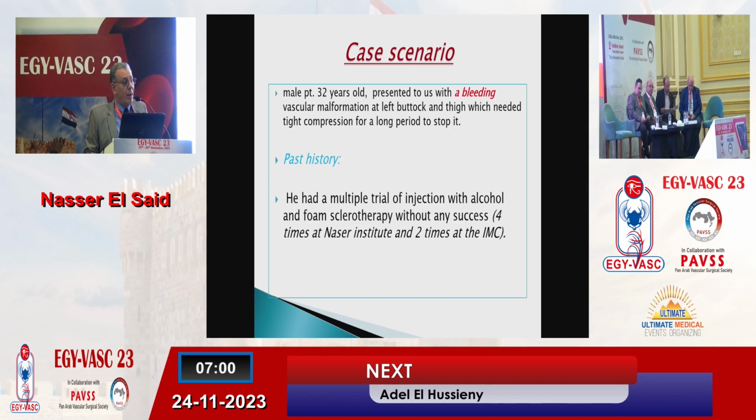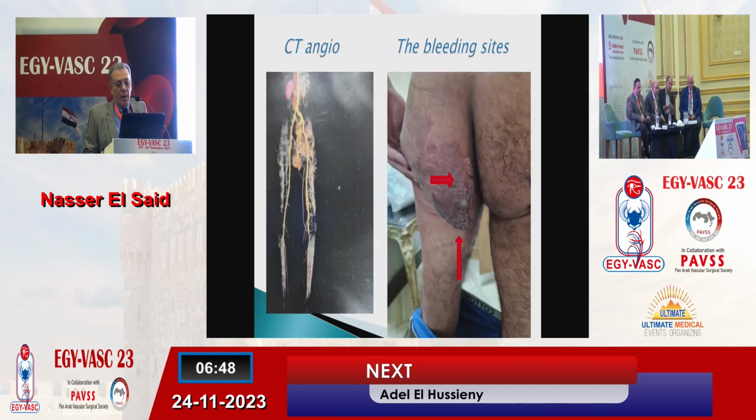This young chap had several injection sclerotherapies with alcohol and foam sclerotherapy without any success in stopping the bleeding. This is the left gluteal region with two bleeder points, and the CT showing a massive arteriovenous malformation.